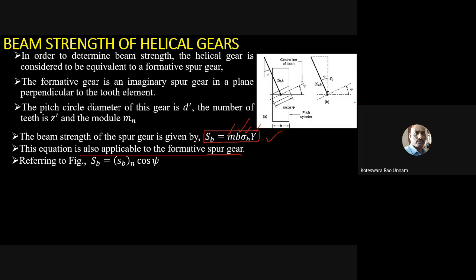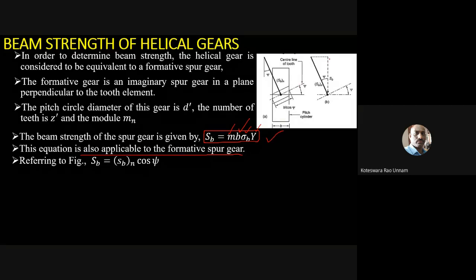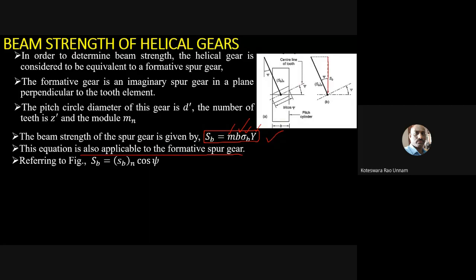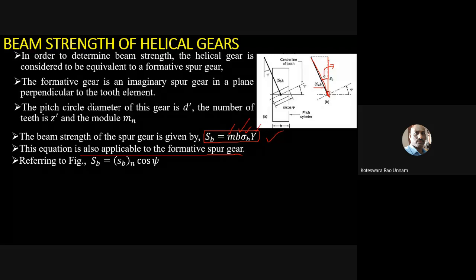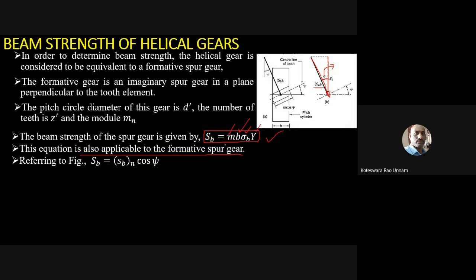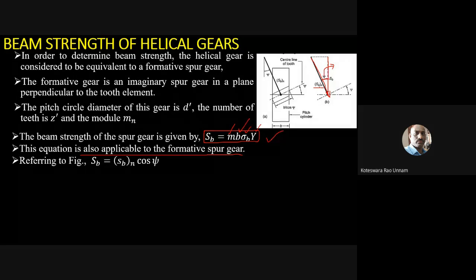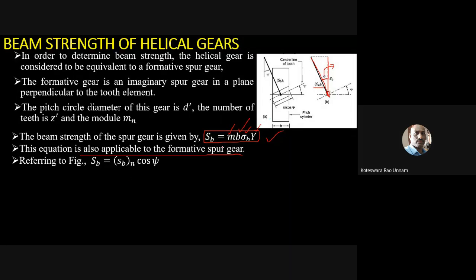Now, if you refer to this figure, here this is SB, and the resultant force will always act through the pitch line, something like this, and the angle here is psi, which is nothing but your helix angle. So this is SB of N. The force acting along the pitch line is this one.